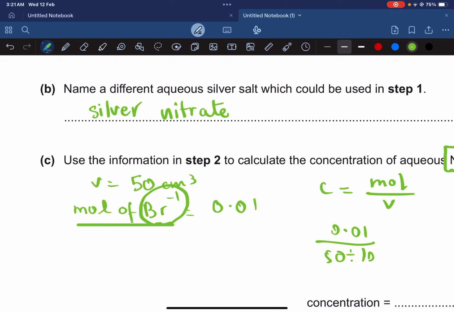Because it's in cm cube and we always take concentration in dm cube. That gives 0.05. Just put it on your calculators, 0.01 divided by 0.05, that's going to give you 0.2 mole per dm cube.